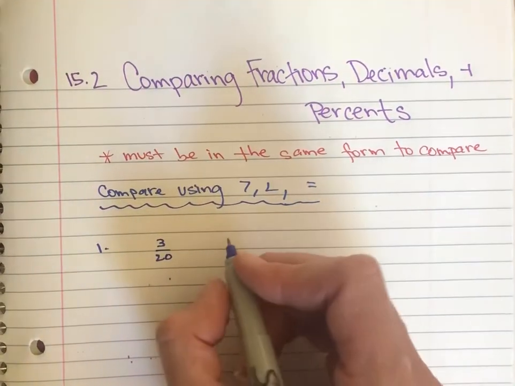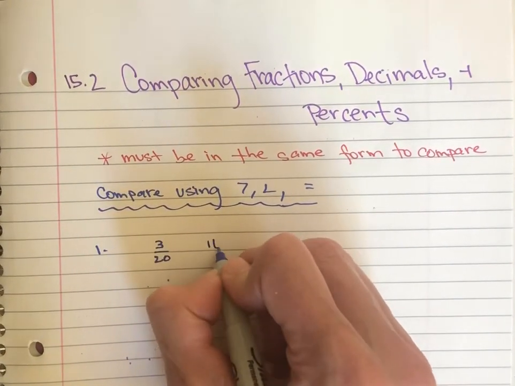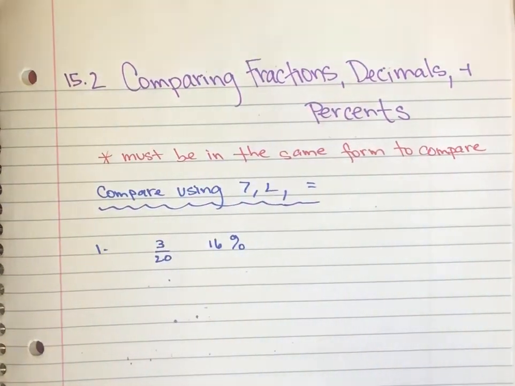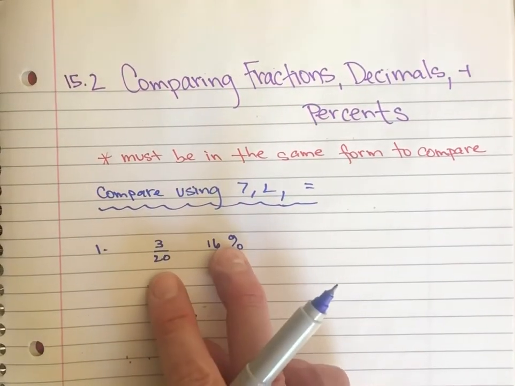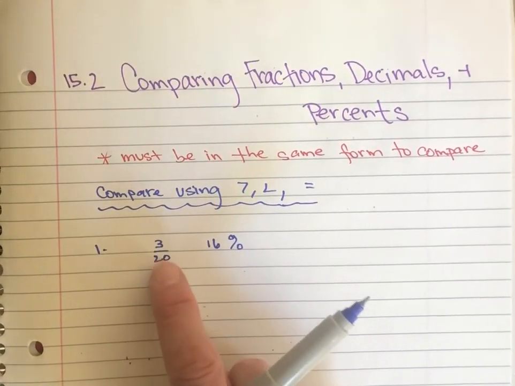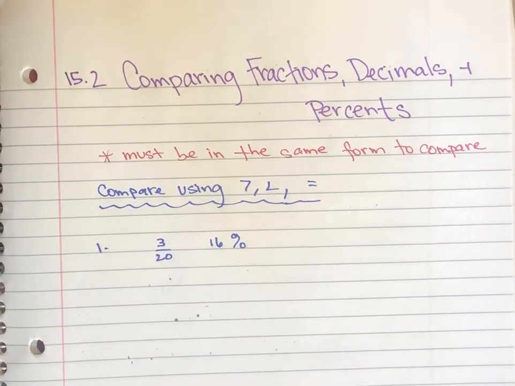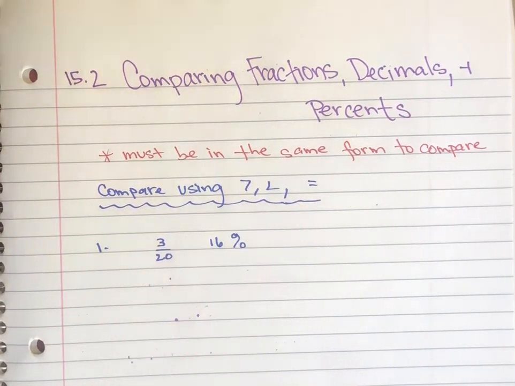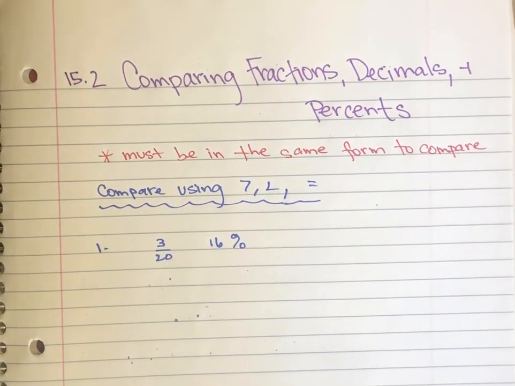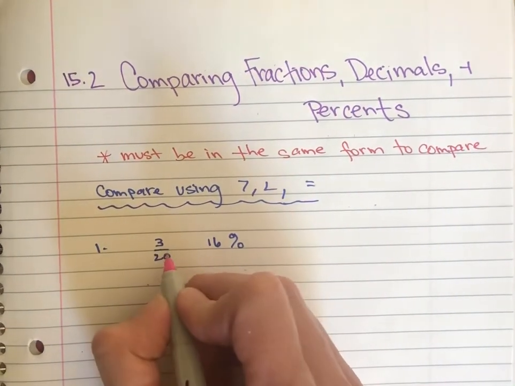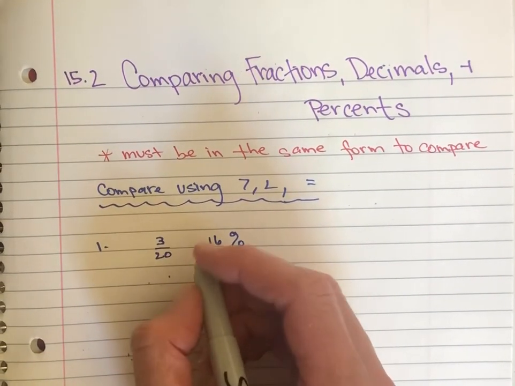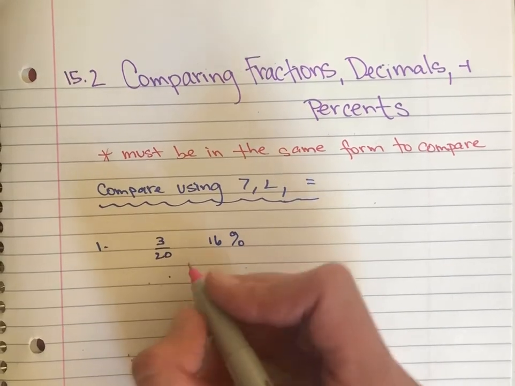3/20 and 16%. So you can choose, you can make these both fractions, you can make them both percents, or you can make them both decimals. It doesn't matter, you get to choose. So what I noticed is that I can easily convert 20ths into 100ths, and then I can have a percent really easily.